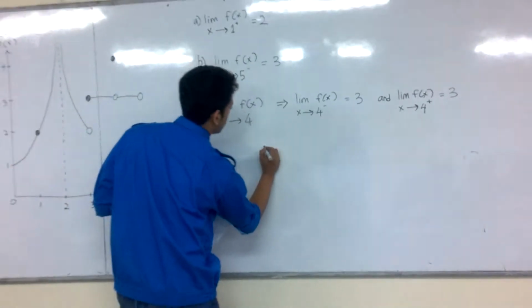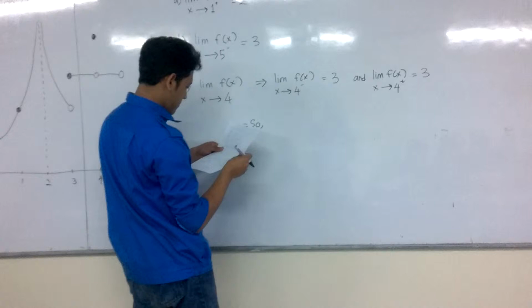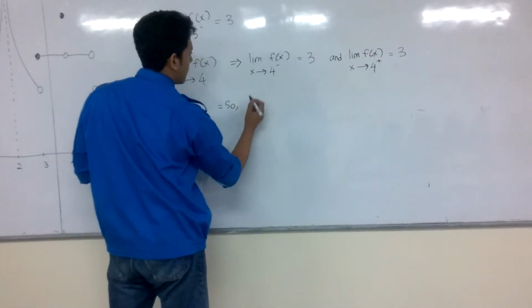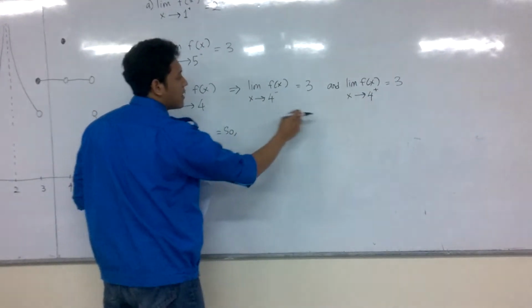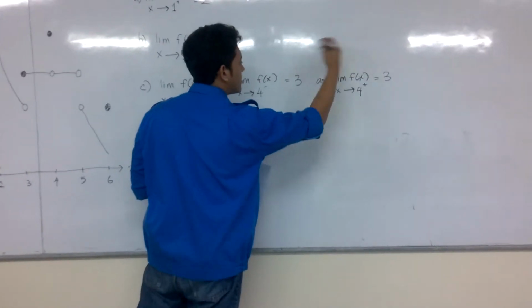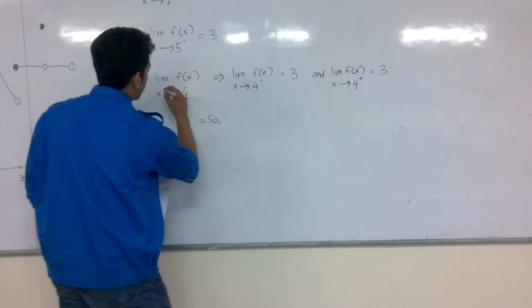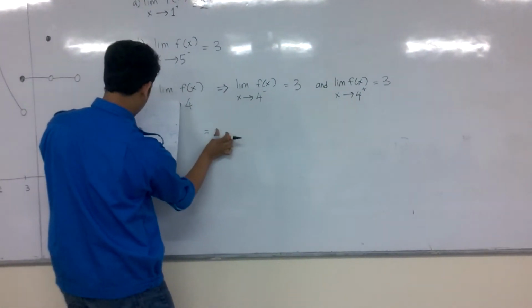So the answer is, the limit from the left and the right has the same value. So we can say that the limit of f(x) as x approaches 4 is equal to 3.